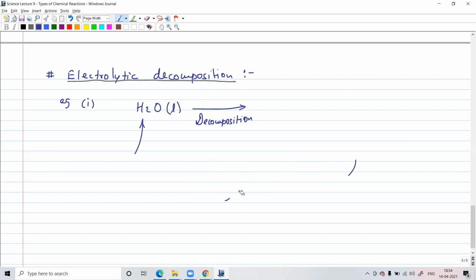But when it is the water itself, totally in the liquid form by itself, pure water, not mixed with something, then you write it as liquid. Even other things can be purely liquid; in their liquid form, you will write them as liquid. Aqueous is when you have a mixture with water.